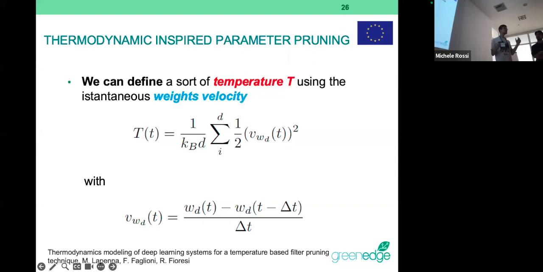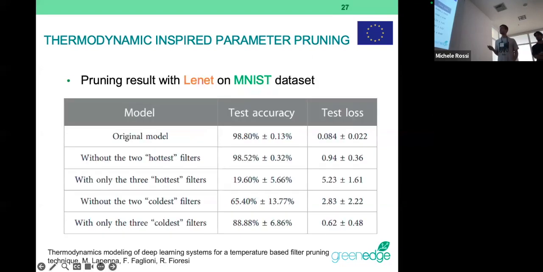You can classify the filters in the convolutional layer as hot filters or cold filters. Here are the results present in this paper, using LeNet on the MNIST dataset. The original model scores 98.8%.